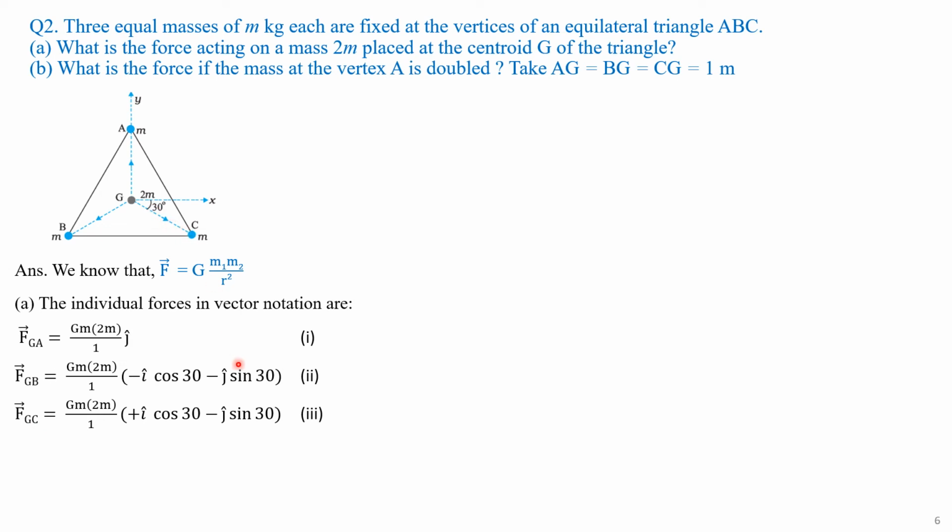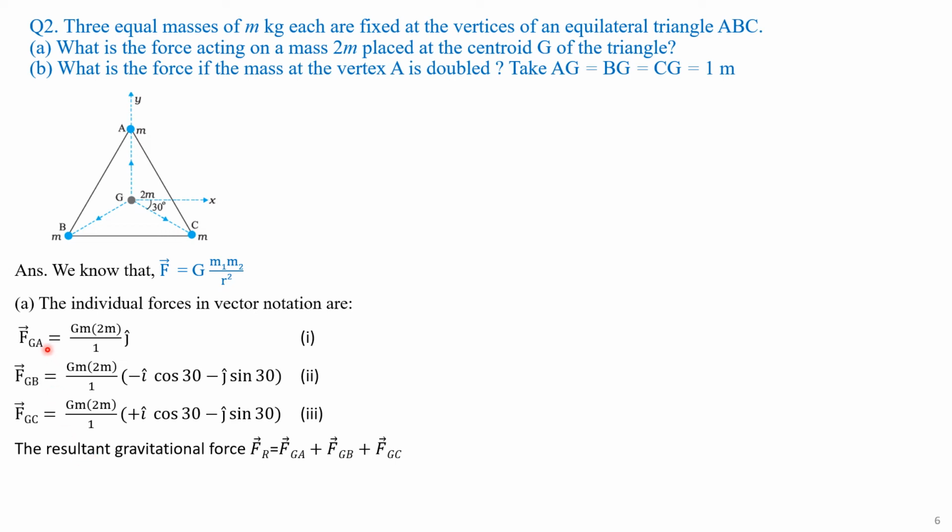FGC is given by G M into 2M divided by 1, and the unit vector in this direction has components along the x and y axes: I cos 30 minus J sin 30, because J for GC acts downwards, and in the X direction it is positive. So, I cos 30.